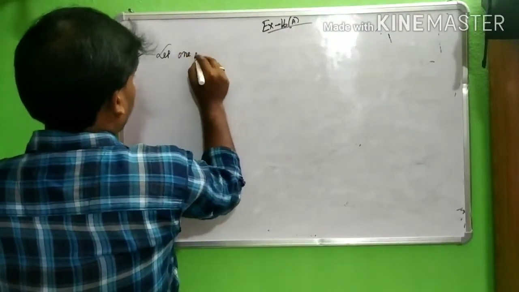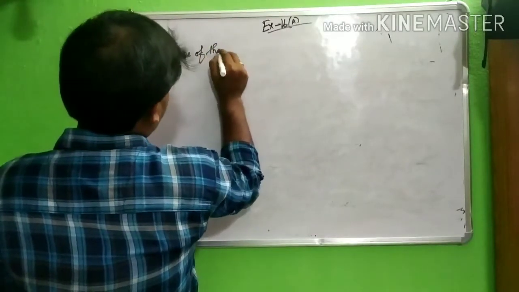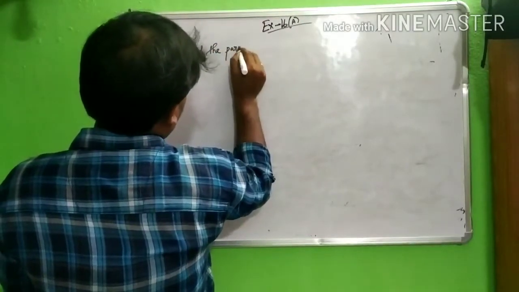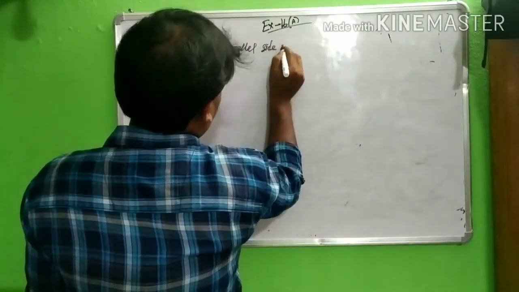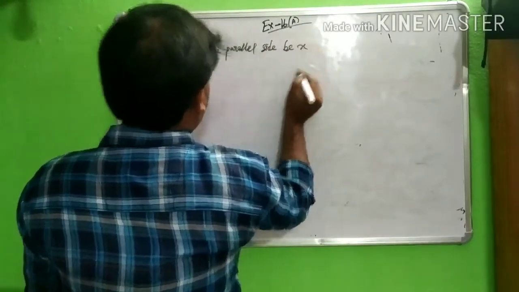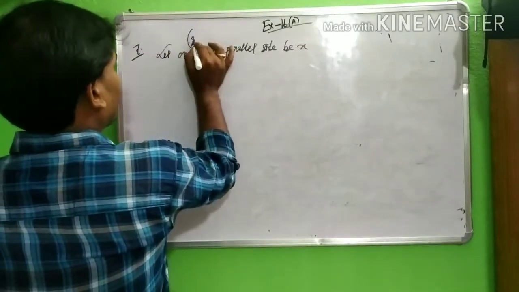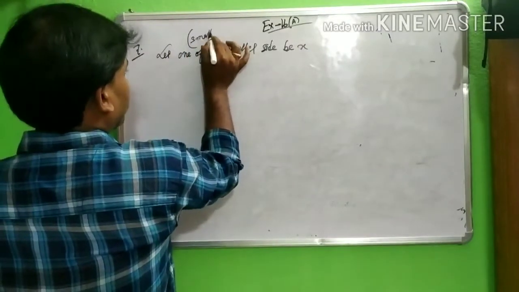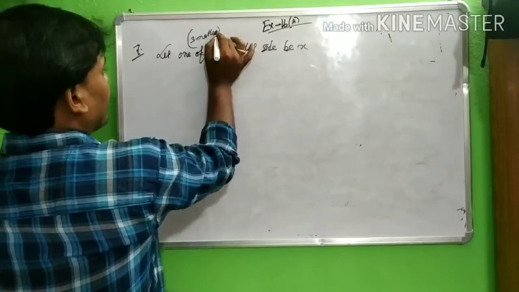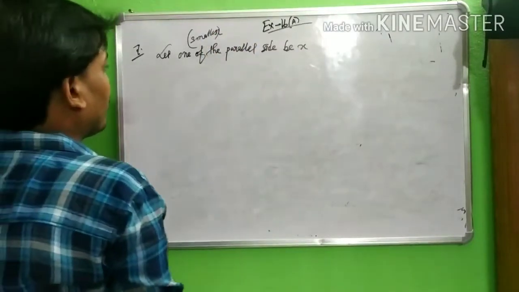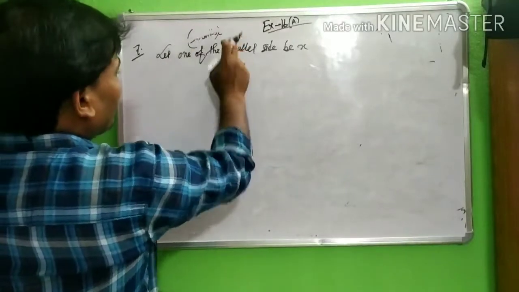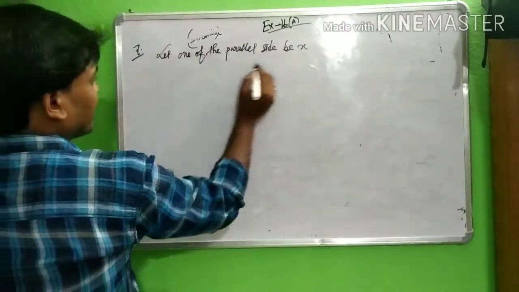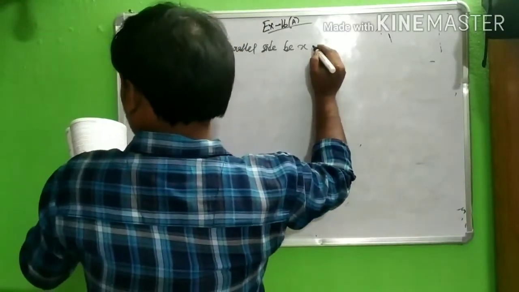Let the smaller side be x, or you can write one of the parallel sides be x centimeter or meter.